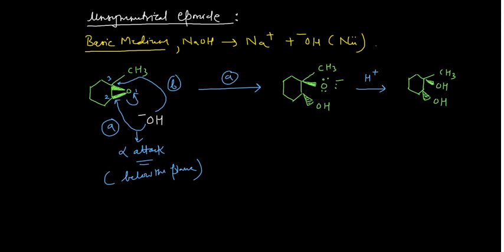So basically you have produced the diol. In this diol you can see this is your beta OH, this is your alpha OH.